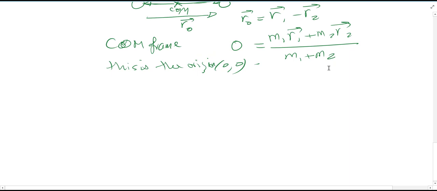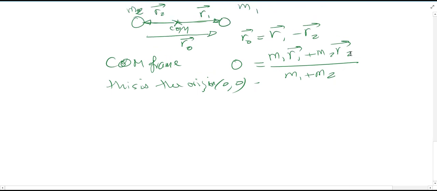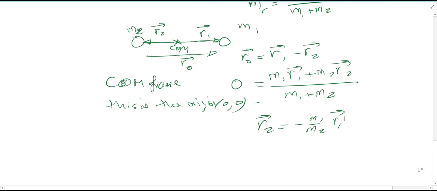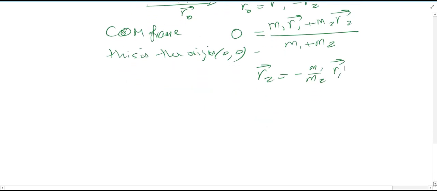So this immediately gives me a relationship between R2 and R1, namely R2 as a vector is equal to minus M1 over M2 times R1. Obviously, this expression for R0 now can be rewritten in terms of R1. R0, remember, is R1 minus R2, and R2 is a minus, so minus times minus becomes a positive M1 over M2 times R1.